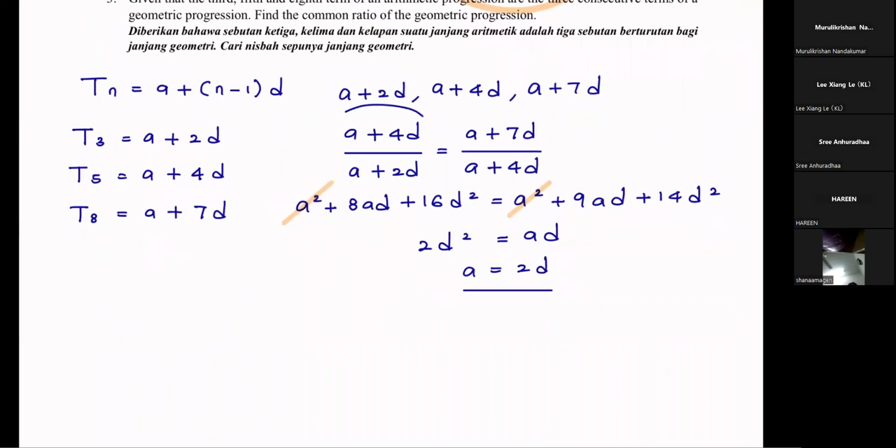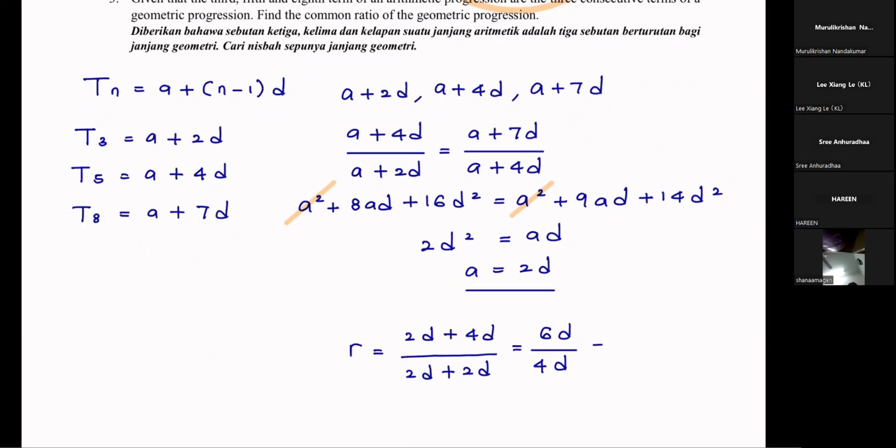Common ratio tau. Ini common ratio kita. This is our common ratio. Nah ni dia common ratio kita. Soalan apa ni? Saya ambil pun saya tak tahu soalan ni. Done.